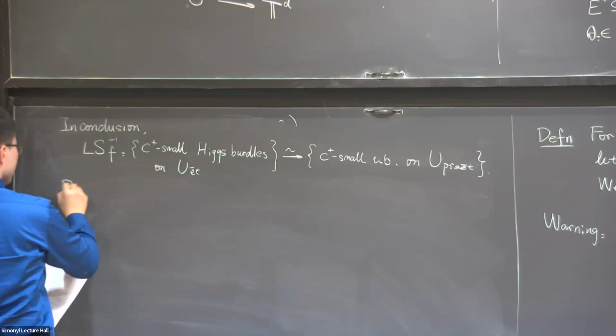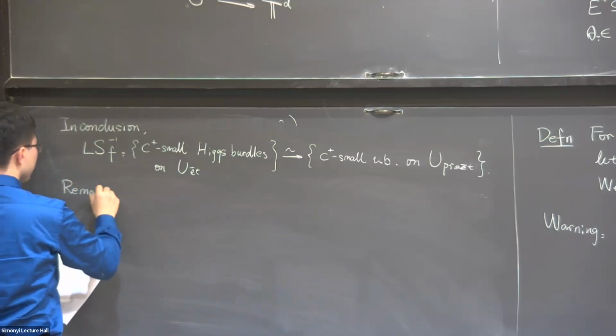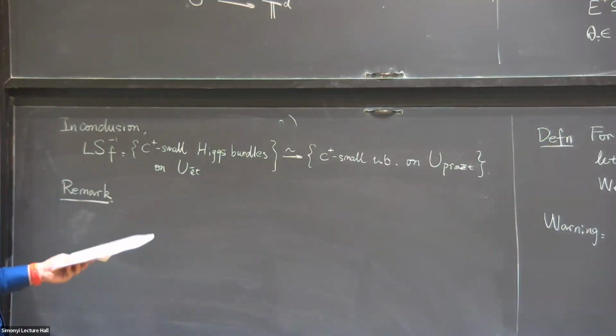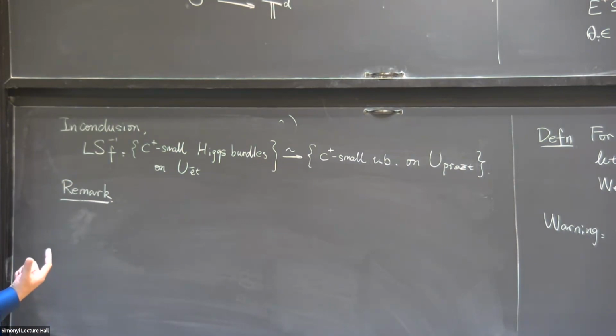So an important remark is to control this constant. Otherwise, if we couldn't get control of such a constant, then we don't know which kind of vector bundles are locally small, right?